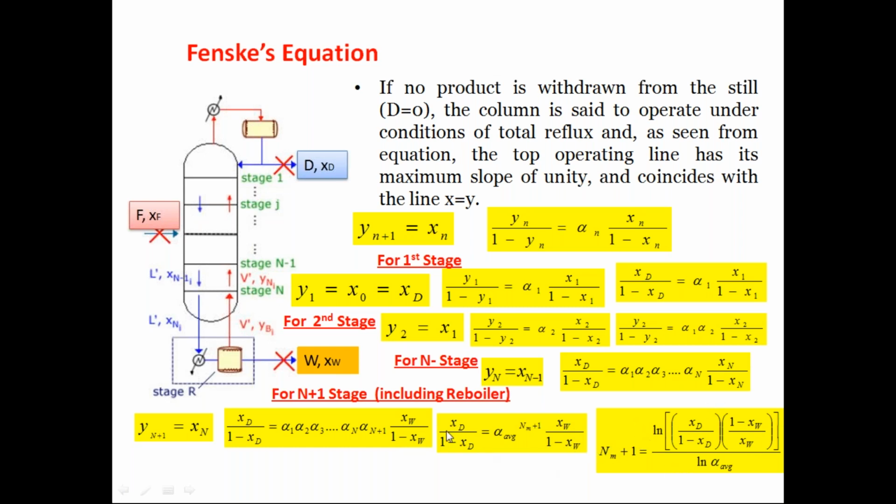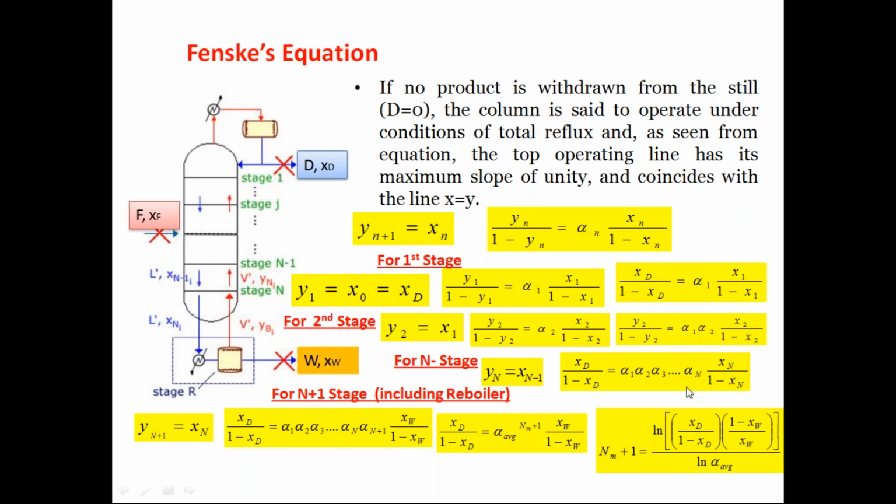So this is by taking logarithmic values on both sides, then you have nm plus 1 is equal to ln of this divided by ln alpha average. So that means by knowing the product and waste concentrations in terms of the more volatile component, and the alpha of the system, you are able to find out the minimum number of plates which are required.